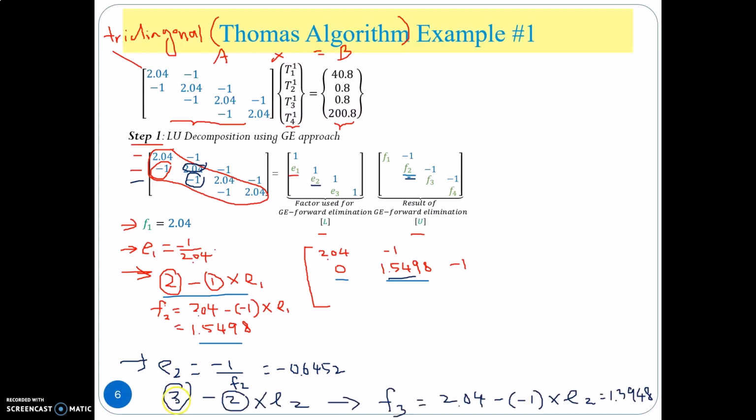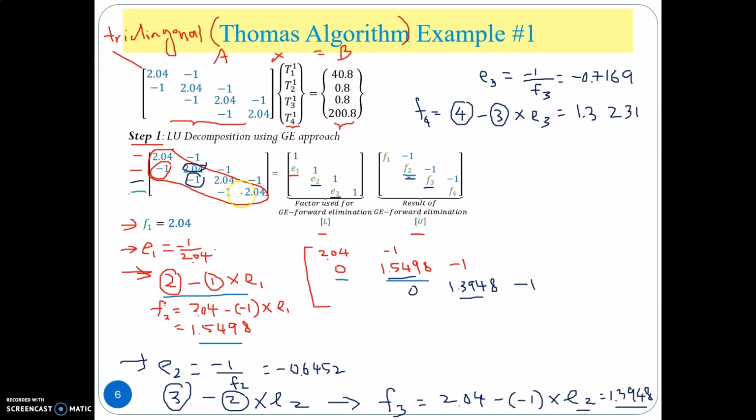Then you continue to take row 3 minus row 2 multiplied by the factor E2, then -1 will become 0, and 2.04 minus -1 multiplied by E2, then you should be able to obtain 1.3. So after performing the forward elimination at row 3, you obtain your F3 equal to 1.3948.